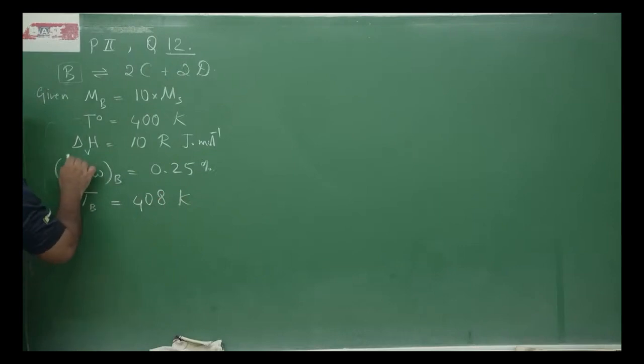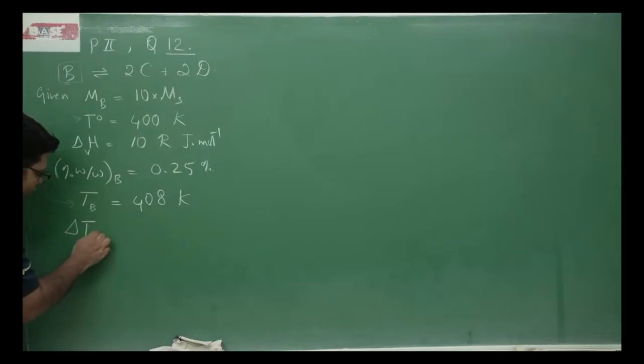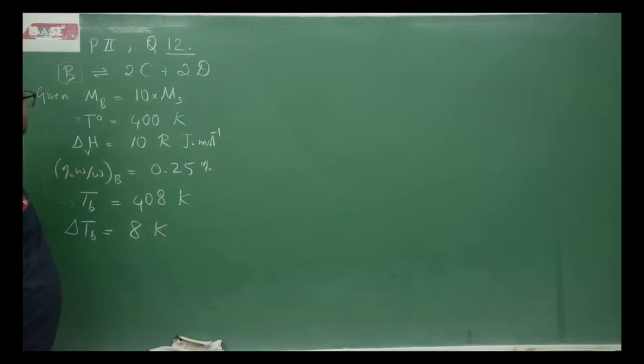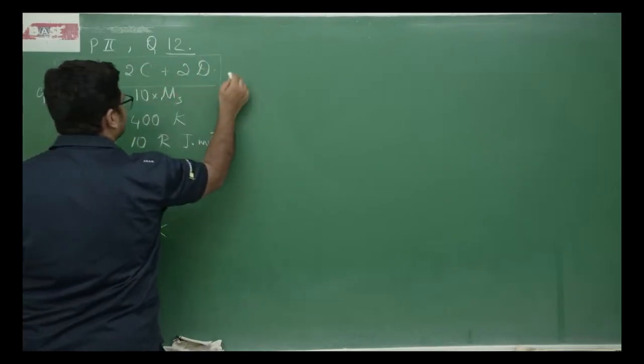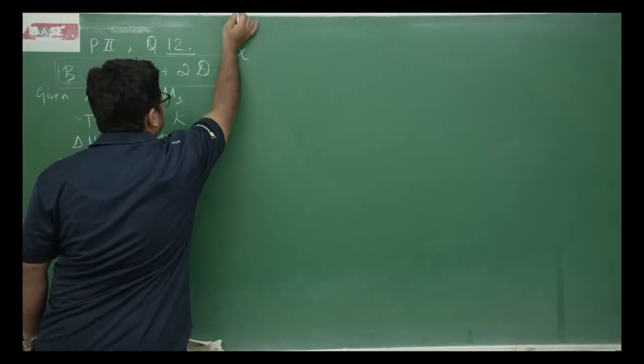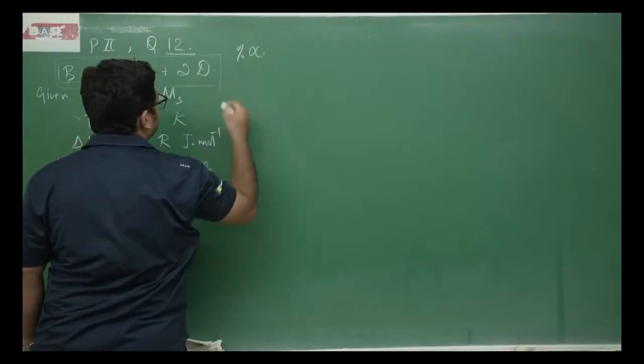Using this boiling point of solution and comparing with the solvent, this is a problem related to elevation in boiling point. Elevation in boiling point is 8 Kelvins, 8 units. And we are supposed to find the degree of dissociation in percentage, percentage alpha.